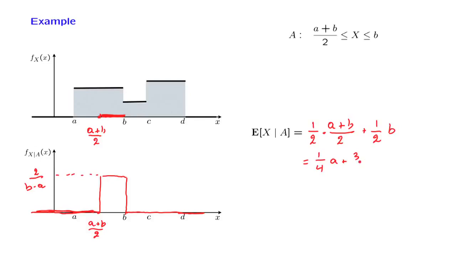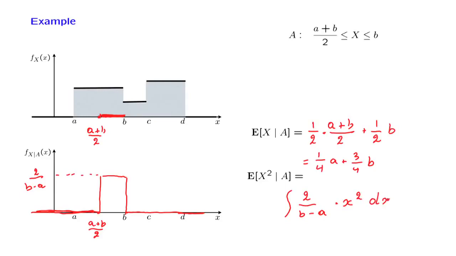We can also calculate the expected value of x squared in the conditional model using the expected value rule. According to the expected value rule, it's going to be an integral of the conditional PDF, which is 2 over (b minus a), multiplied by x squared.